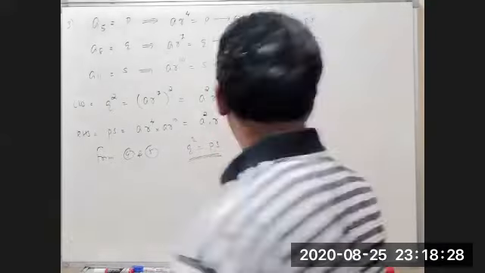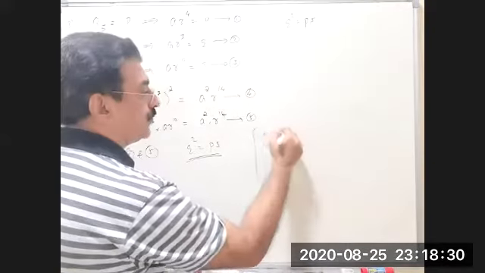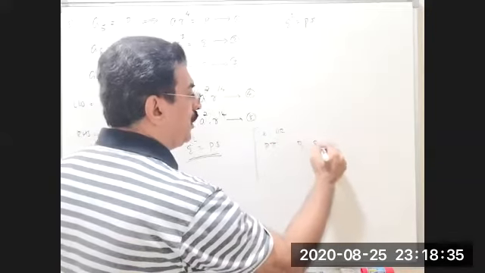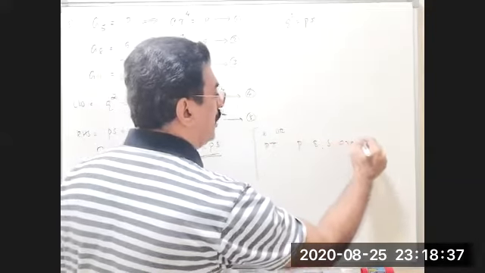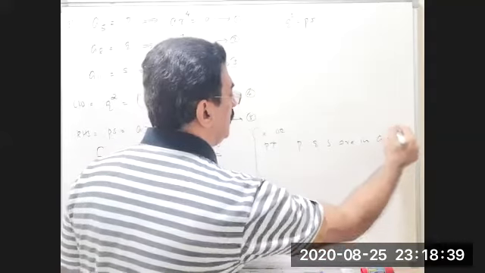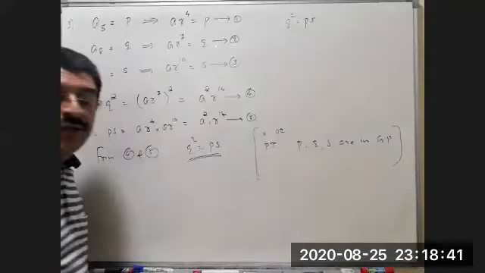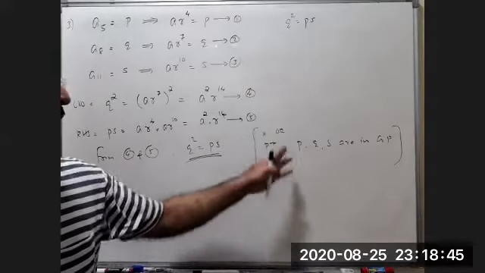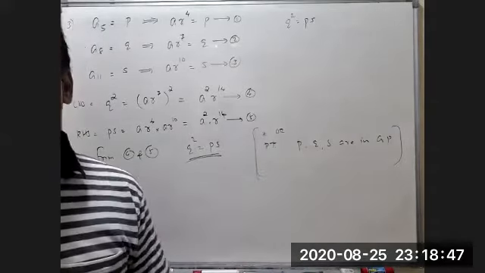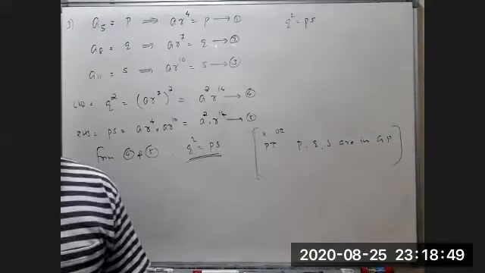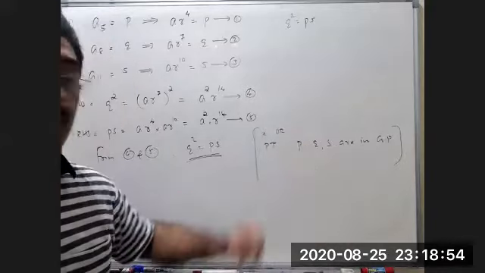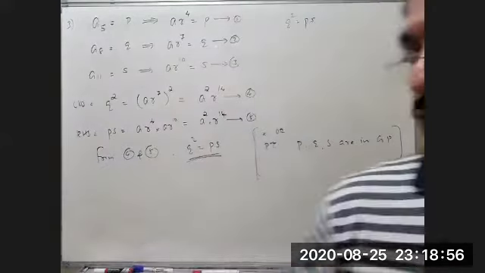We can write or prove that P, Q, S are in GP. The same question can be asked in different wordings. Prove that P, Q, S are in GP. To show that P, Q, S are in GP, we need to prove Q square is PS. So same question.